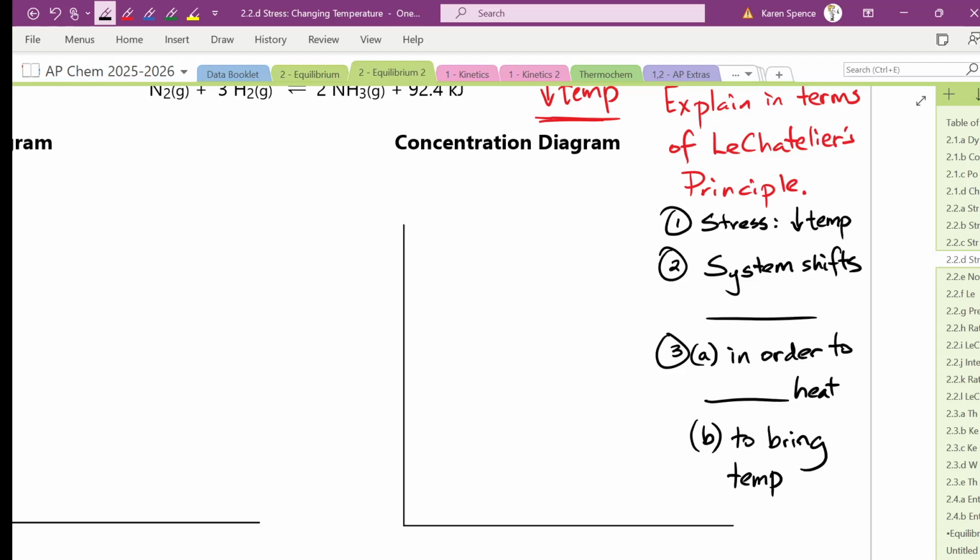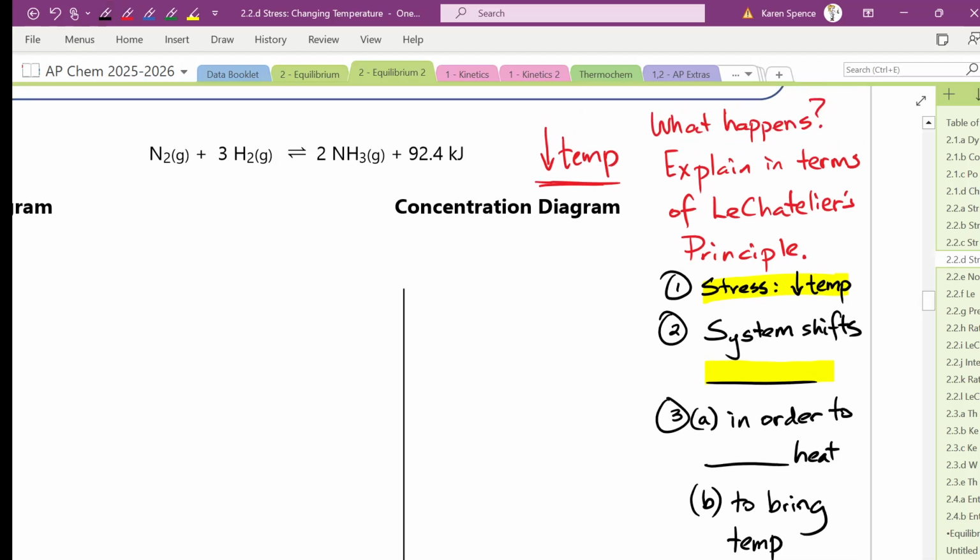So if I were marking this, I would be looking for you telling me what the stress is. The stress is a decrease in temperature. I would be looking for you to tell me which way it shifts. So the system shifts. Which way does it shift? If we've got a decrease here, that's going to cause it to shift to the right. Now, why is it doing that?